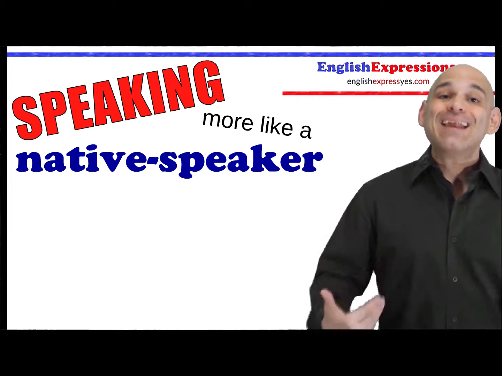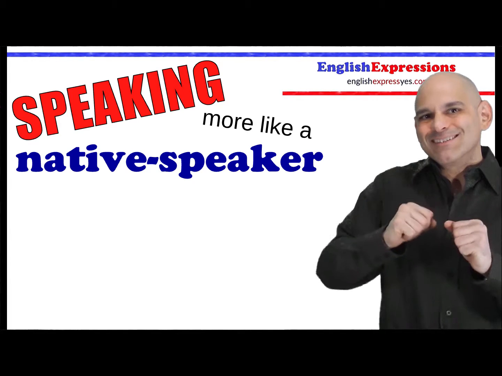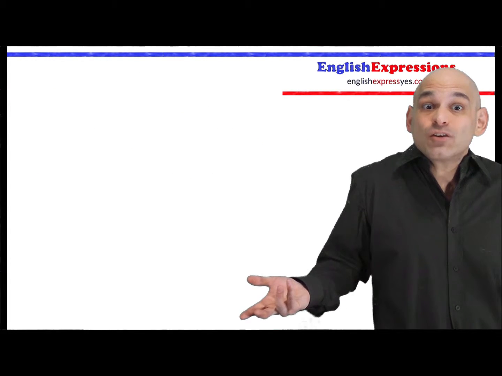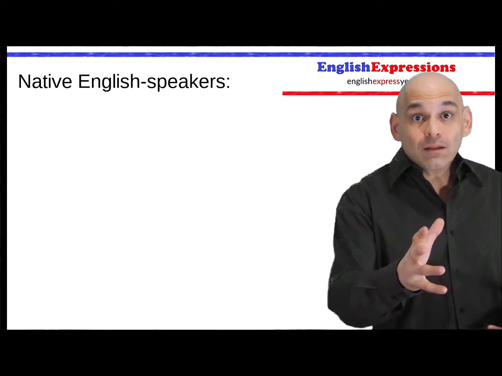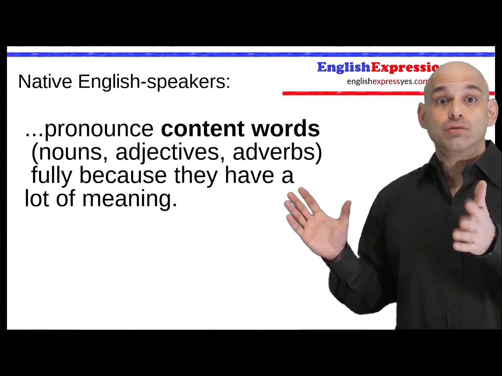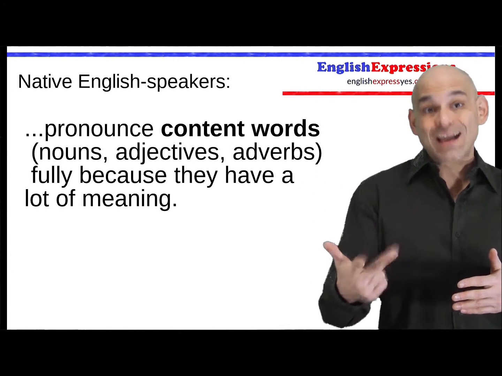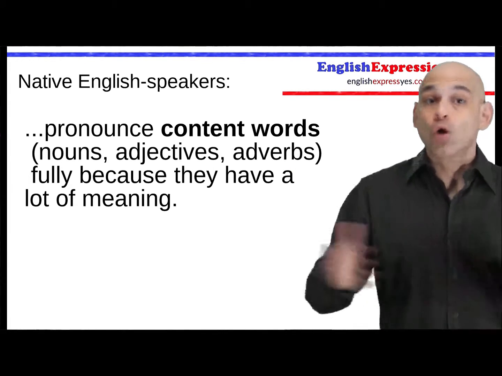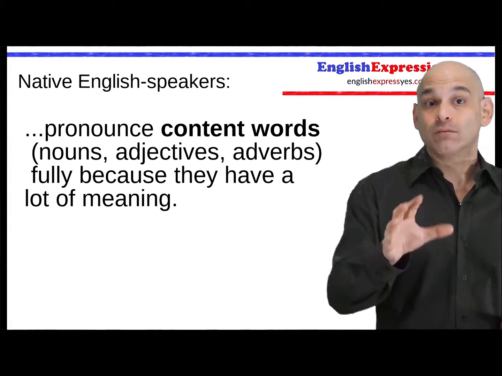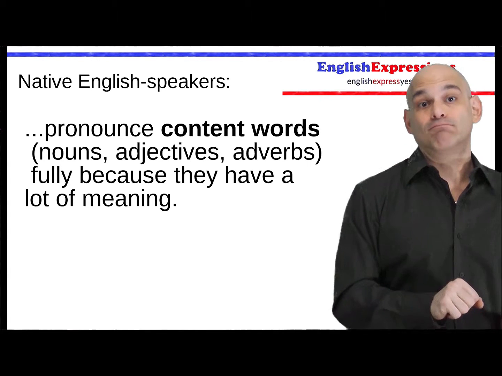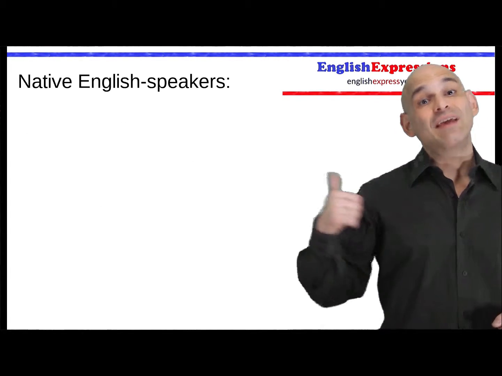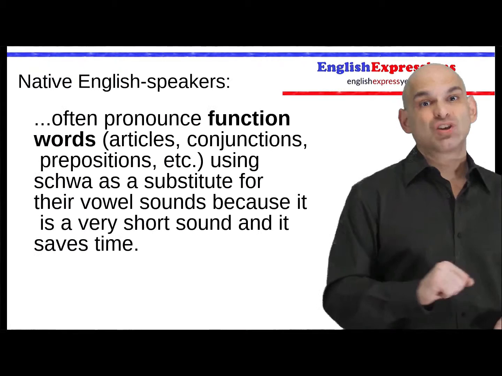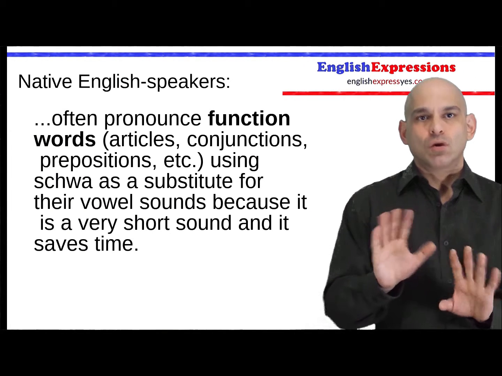Because remember, native English speakers speak English differently. How do native English speakers speak differently? Well, content words, they're the nouns, verbs, adjectives, and adverbs. We say those fully. We say them normally, how they're written, properly. However, the other words are function words. They're not important, okay?